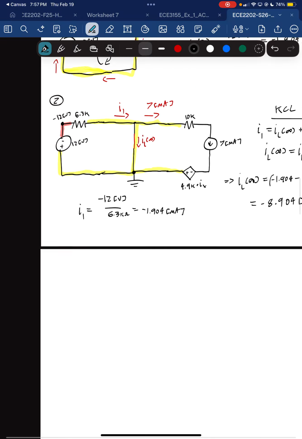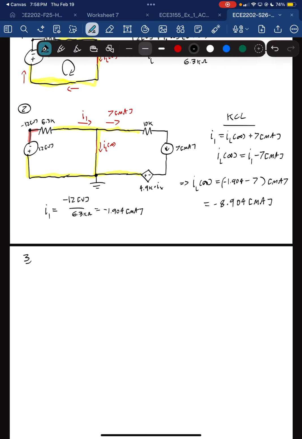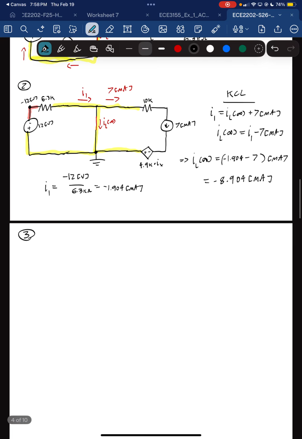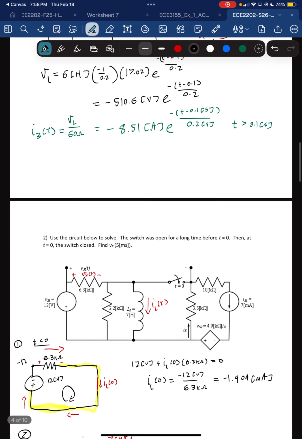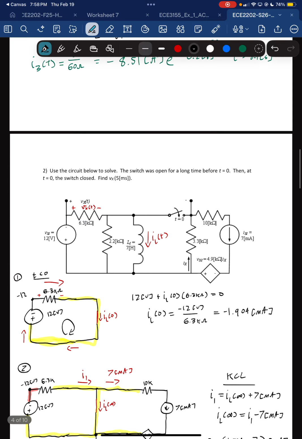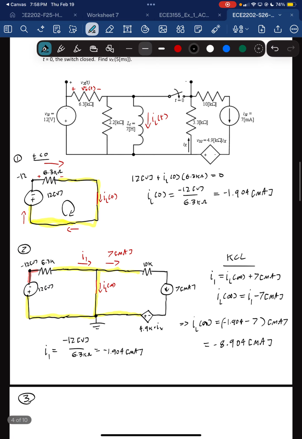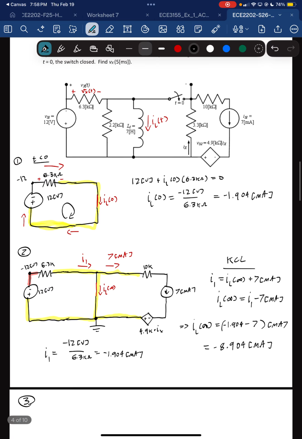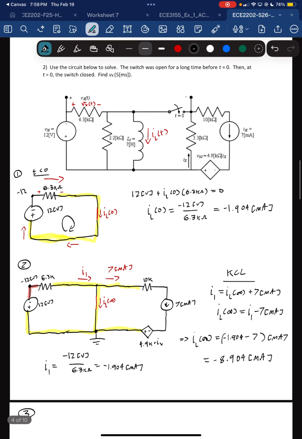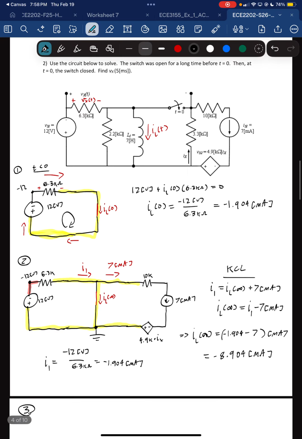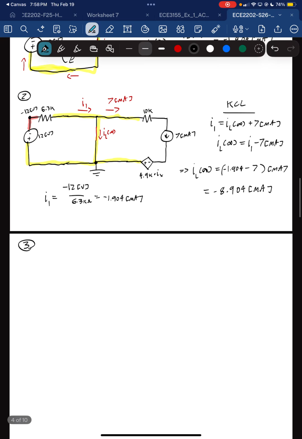All right. Let's get to our second to last step, and that is solving for the time constant. So let's do that.